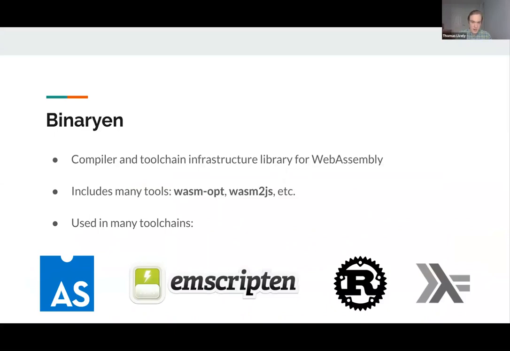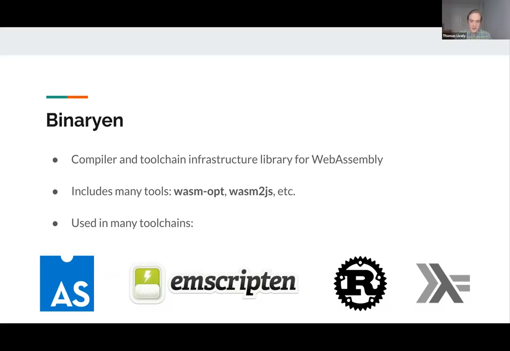Binaryen generally is a compiler and toolchain infrastructure library for WebAssembly. It has a whole bunch of tools, wasm-opt as we saw, wasm-metadce as we saw, also a few others including wasm2js, which compiles WebAssembly to JavaScript as the name implies. And Emscripten uses that one to support older browsers that don't even have WebAssembly implementations.